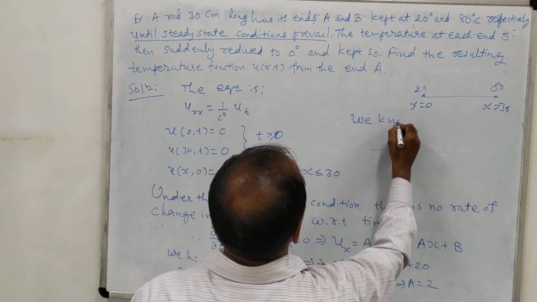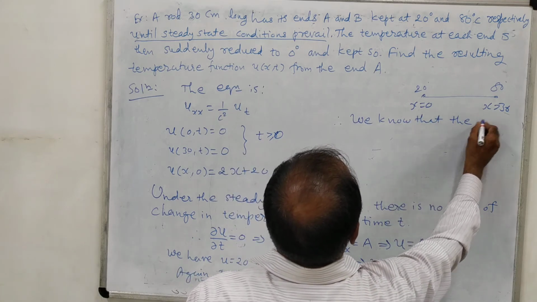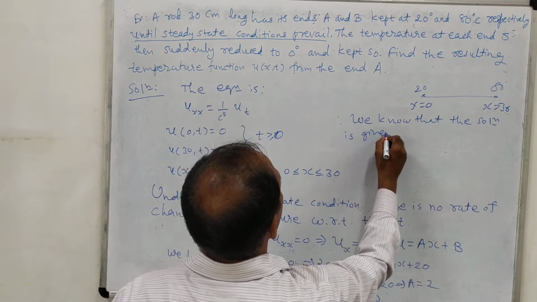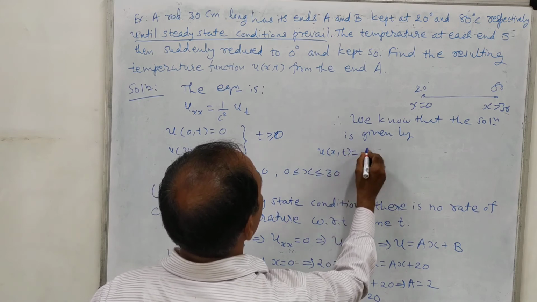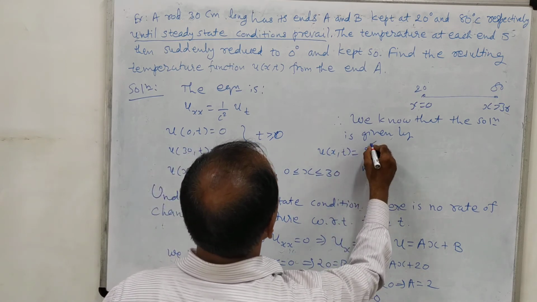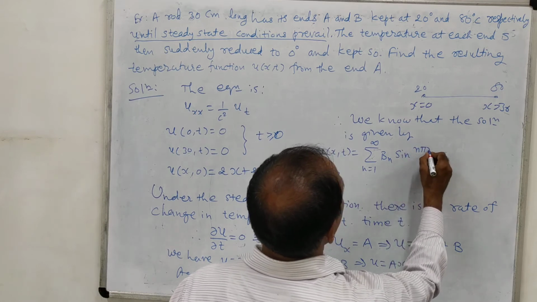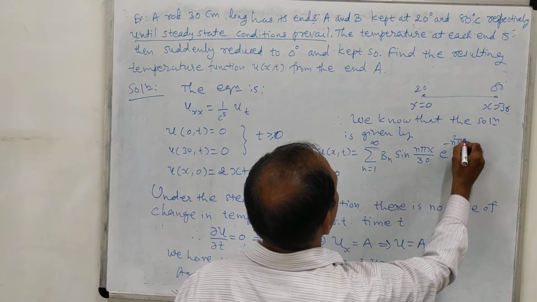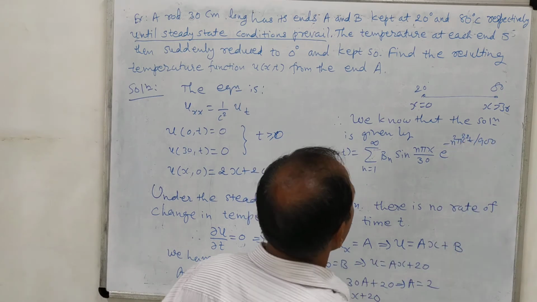We know that the solution is given by u(x, t) equal to the sum from n equal to 1 to infinity of bn sin(n pi x upon L) e raised to minus n square pi square c square t upon L square, where L equal to 30 so L square is 900.